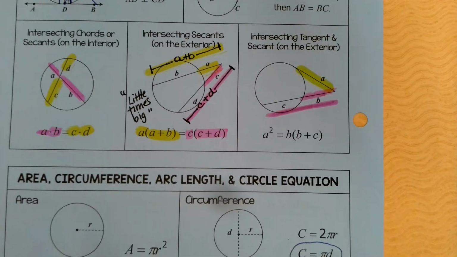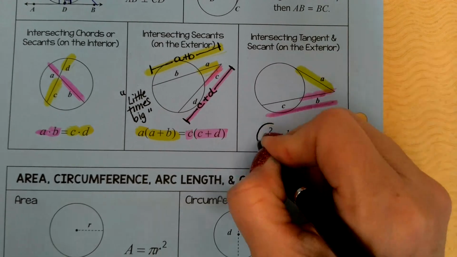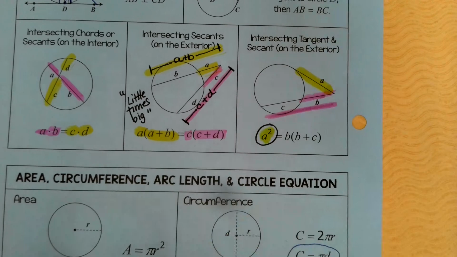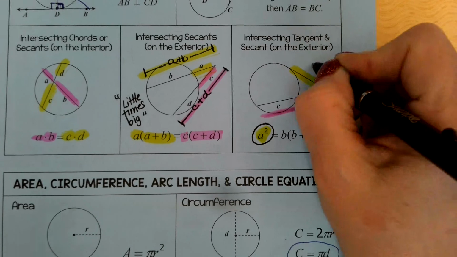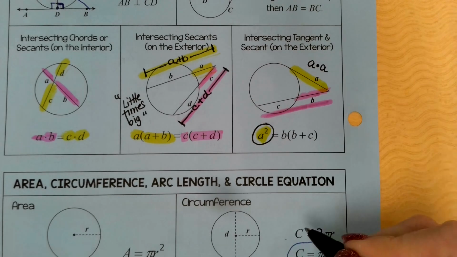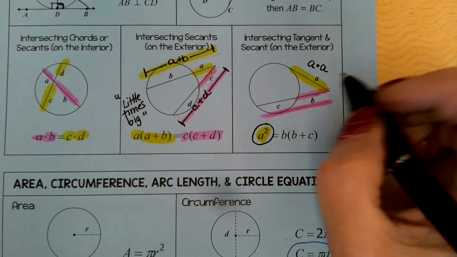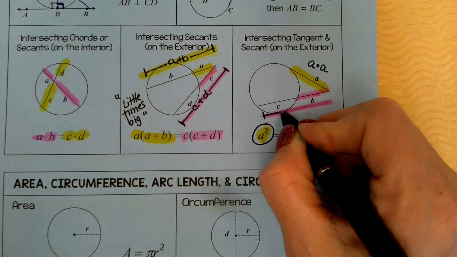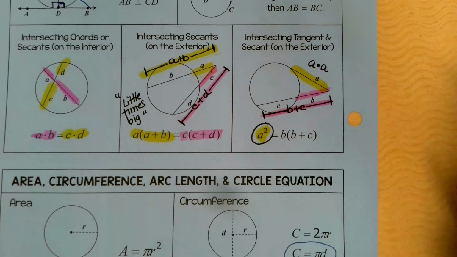And then we're going to put a little note, notice what it says right here, and I want that to be yellow, because it's part of the yellow, is that we have to use it twice. So it's going to be A times A. We're going to use this one twice, but this one is still going to be B times B plus C, which is the whole thing.